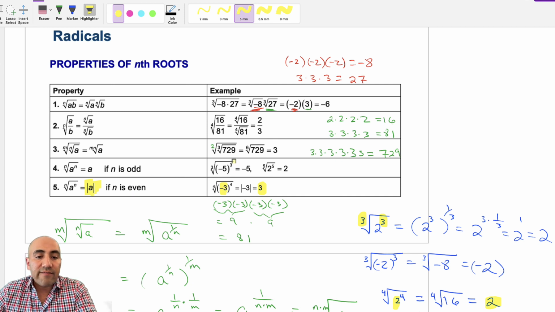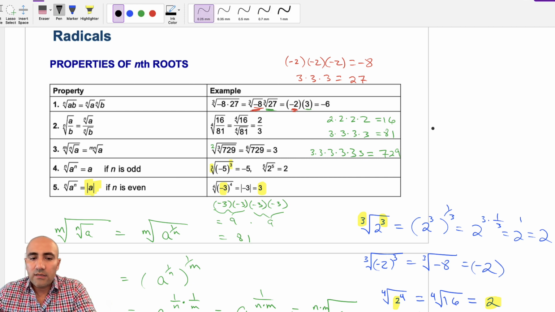On the other hand, if the index is odd, like in this example, we have a cube root and a power of 3. So negative 5 to the power of 3 is negative 5 times negative 5 times negative 5.